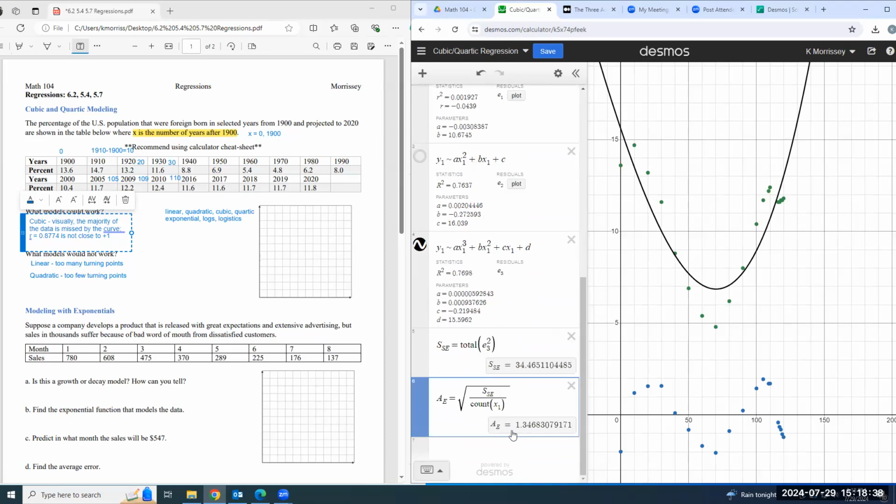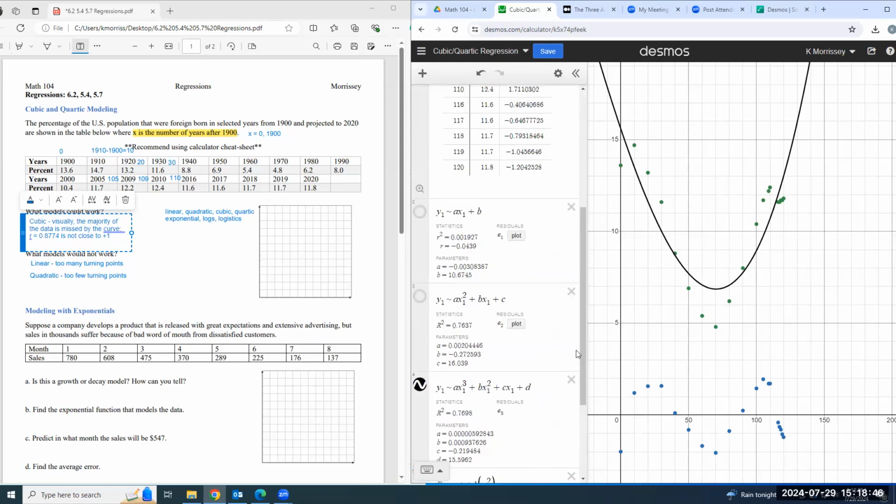So that just means your average error of 1.3 or 1.4 is actually going to make a big difference. So obviously, cubic is not a great fit. We'll also type in: your average error of 1.3, I think we said, or 1.4, is big in comparison to the Y value increment. I cannot spell increment.